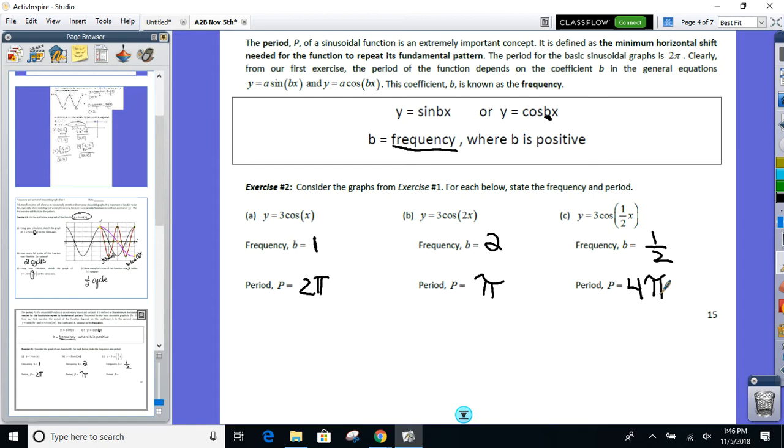Because it's only half going to 2 pi, so where's the other half? It's going to take another 2 pi to get out to the rest of it, right?